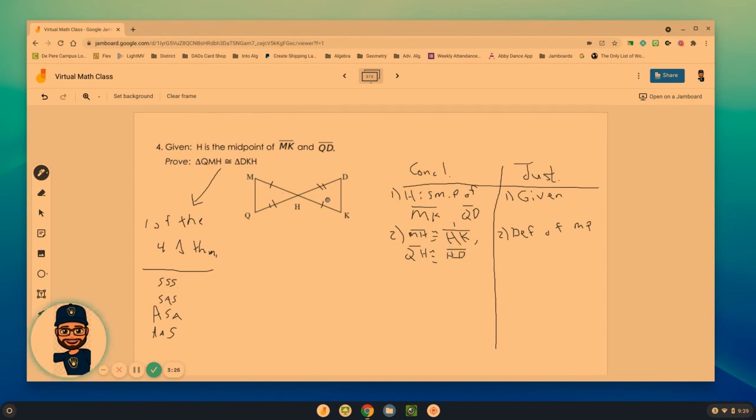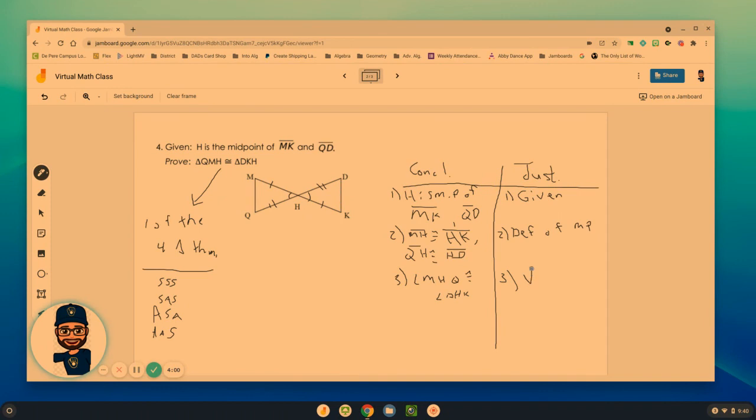Now we've got a side and a side congruent to a side and a side, so we need something else. Well, I notice in this picture, I've got two angles across from each other, so this angle has to be congruent to that angle. So angle MHQ is going to be congruent to angle DHK. Hopefully, we remember what those two angles are called.